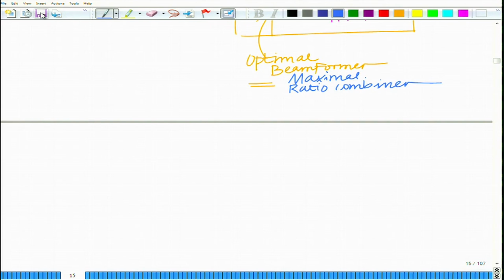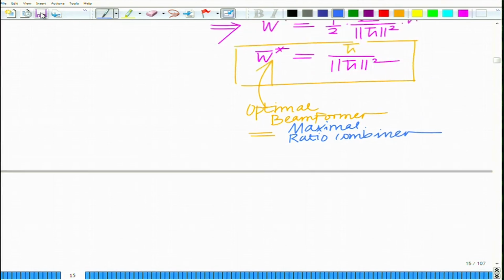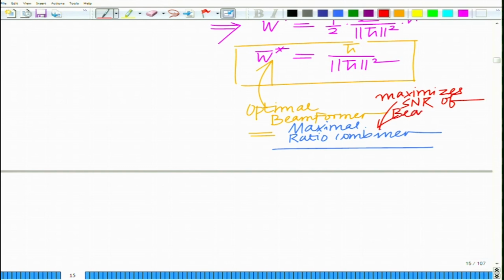It is known as the maximal ratio combiner because it maximizes the SNR, correct, employing the beamforming. Maximizes the SNR at the output of the beamformer.